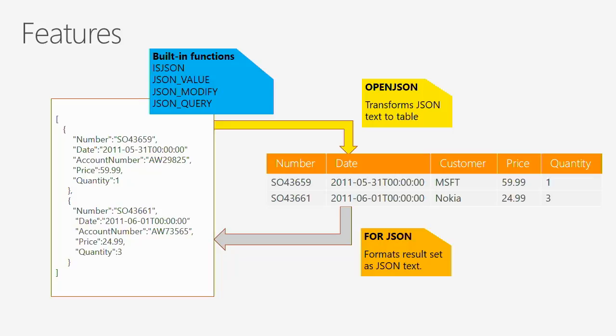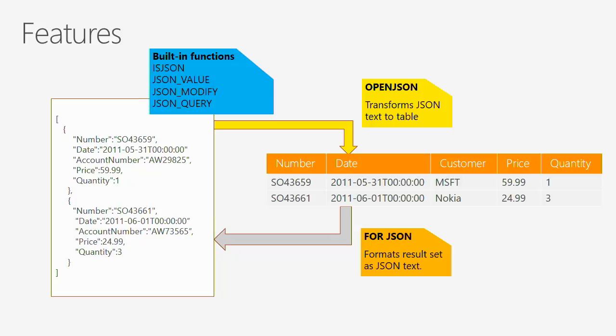Query works if the thing that you're pulling back is an object or an array. You may ask, why didn't they write it smartly so that it could work out what was coming back? I don't know. It would be nice. And then JSON modify says, I'd like to update the thing directly in the JSON string that I'm working with. So those all work just on the JSON object itself.